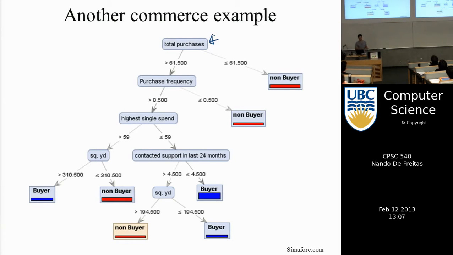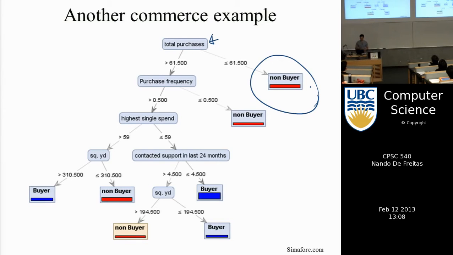If this customer has spent less than $61,000, then most likely this customer is a non-buyer. And if you know that the customer is a non-buyer, that's fantastic, because you don't need to waste your time advertising to that customer or inviting that customer to your, I don't know, wine and cheese.